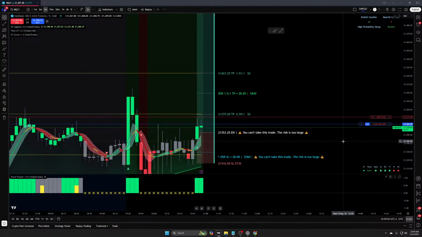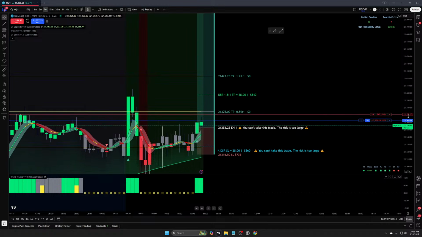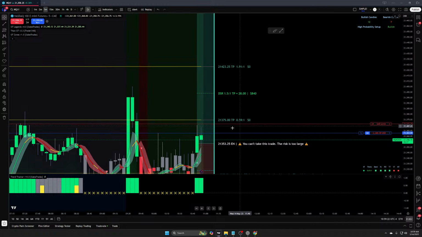Now, I have subjected myself to another wait game here in the zone. I just need that market to push through. You see this candle wick right here? The market's been there before. That's where I want it to be.